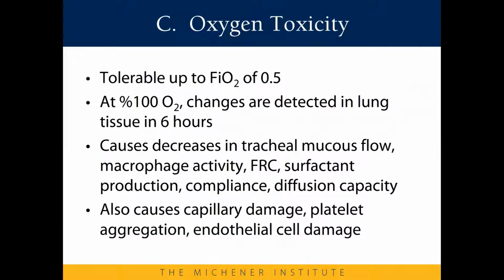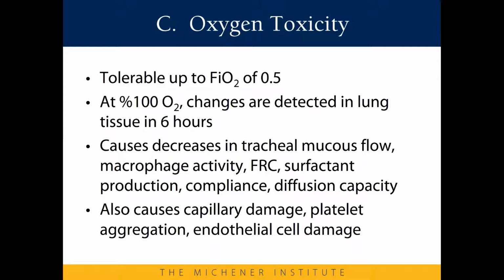Okay, and the final injury I want to touch on is oxygen toxicity. In adults, adults can usually tolerate 50% oxygen for prolonged periods of time. But once we start getting into levels of 60% oxygen for more than 48 hours, we know that we can cause toxicity to the pulmonary tissue.